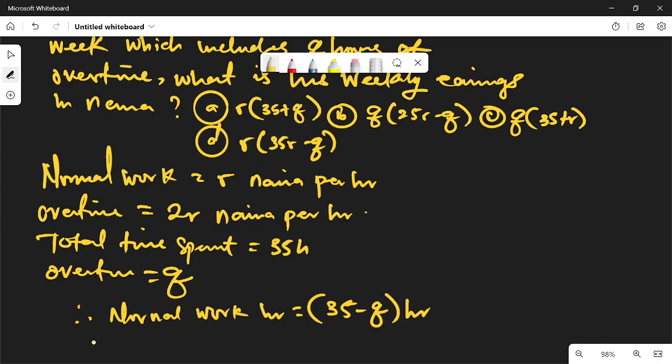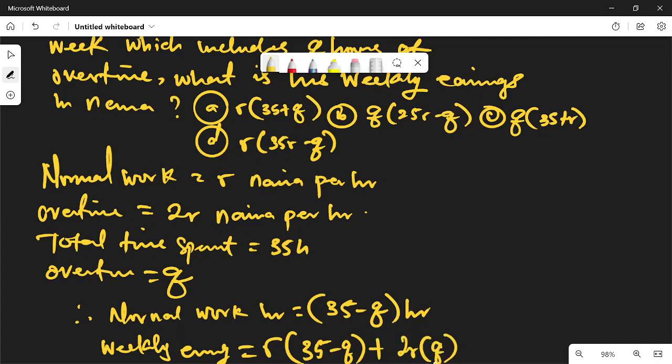So the weekly earning is going to be the normal hours multiplied by R, that is 35 minus Q, since we have subtracted the overtime from it, plus 2R times Q. If you take Q away from 35, you get the normal hours of working, which is multiplied by R. Then the extra hours worked are multiplied by 2R and added to that result.